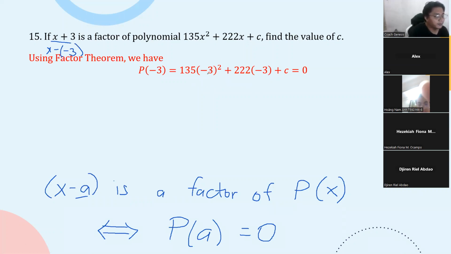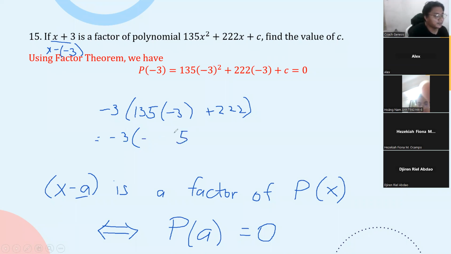So what we can do here is we can factor out -3, and you will have 135 times -3 plus 222, if you are to simplify much faster. So you'll have -3. So what is 135 times -3?